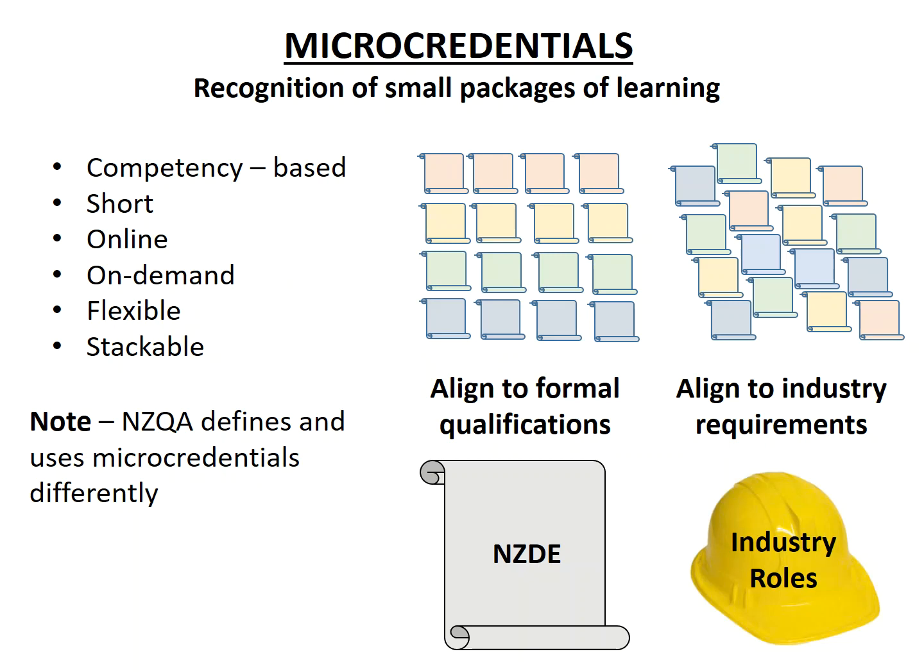So based on small competencies, which makes them quite short. The micro-credentials I'm looking at are 3 credits or smaller. They're online and on demand. So as we'll discuss later, the content and the assessment is online, and people can access it whenever they like.